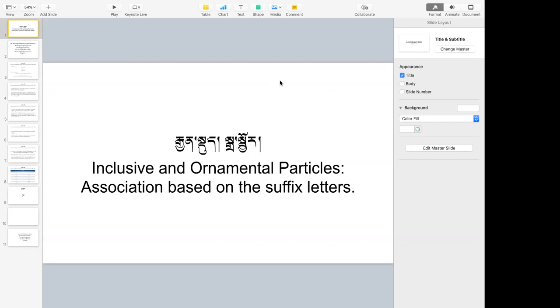So also understand this. The easiest part of every particle is the introduction, where we just introduce the particles. So it's only the number of particles that we have to understand. And after that, the second portion, which is the association based on the suffix letter, is also quite easy.